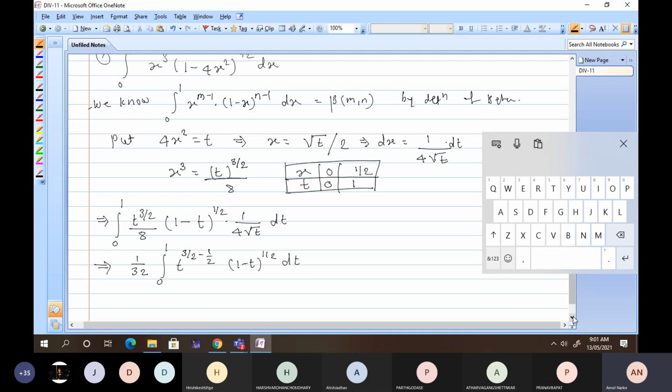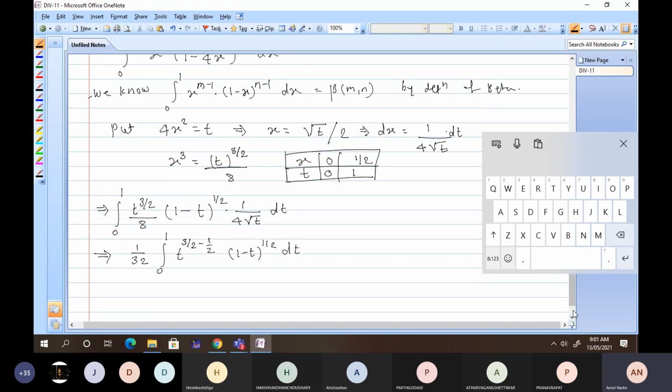Yes, sir. So what is 3 divided by 2 minus 1 divided by 2? It is 1, so only t. But I want it in terms of m minus 1, so I write t as t raised to 2 minus 1, and here 1 minus t. For 3 by 2 minus 1, that is half.